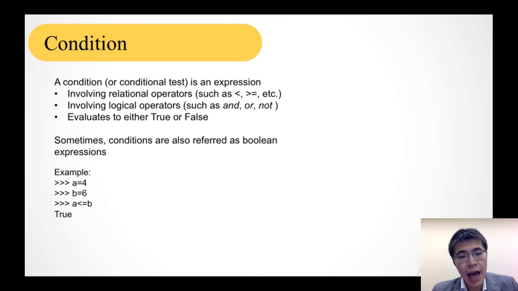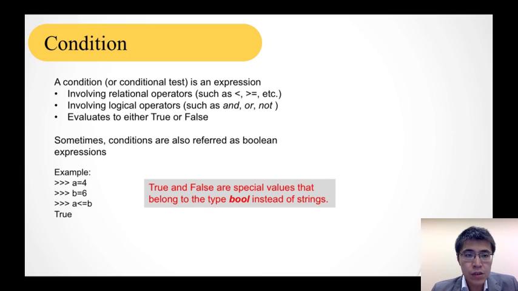Now A and B have values. A is 4, B is 6. The condition we can make is A is smaller than or equal to B. We need to test this condition, and the result of this condition using this relational operator is true, because A is 4, B is 6, B is larger than 4. So this condition, A is smaller than or equal to B, is equal to true. So the condition is true.